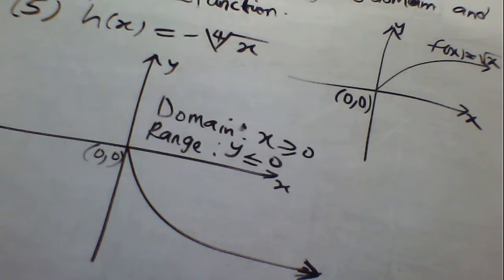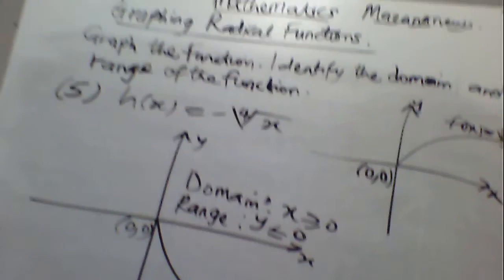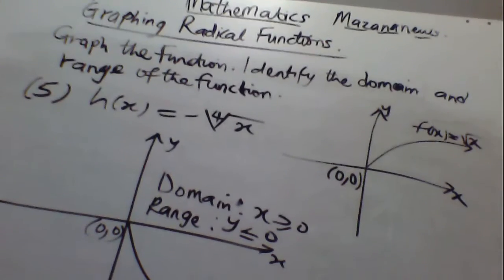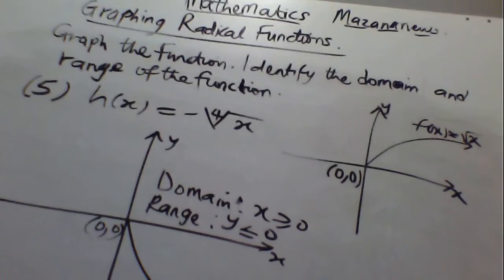Here y is greater than or equal to 0. Having learned how to easily plot a graph of a radical function, let's go to the next thing we have today.